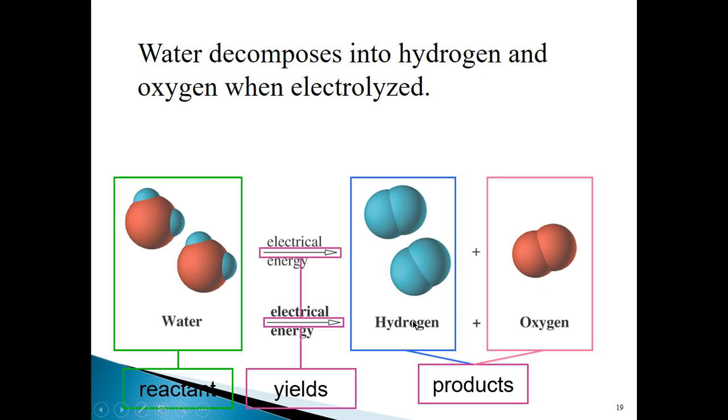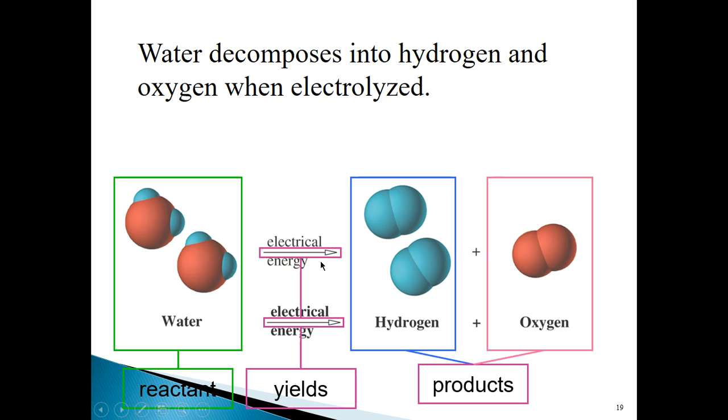And this is basically what a chemical equation is about. Now later on, we're going to learn how to write down a chemical equation to accurately represent the actual change that is taking place. So this is just a bit of an introduction to what a chemical equation is all about.